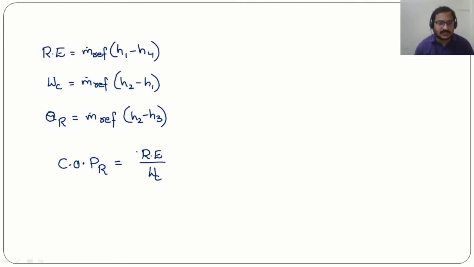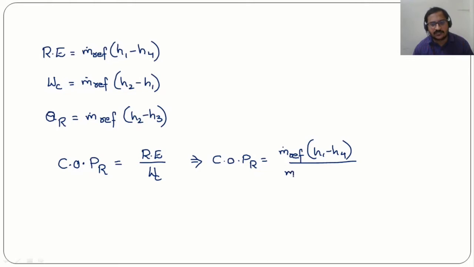So from this we will get the COP of the refrigerator. Suppose I substitute: COP of refrigerator is equal to mass flow rate of refrigerant into H1 minus H4 divided by mass flow rate of the refrigerant into H2 minus H1, then these two will get cancelled.